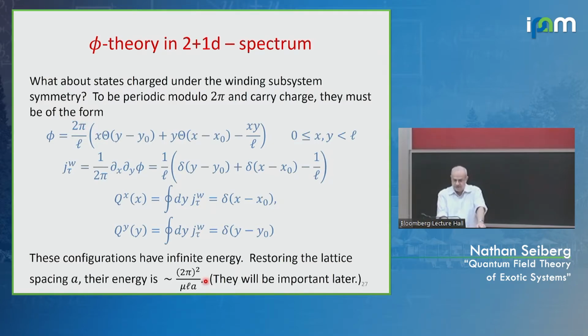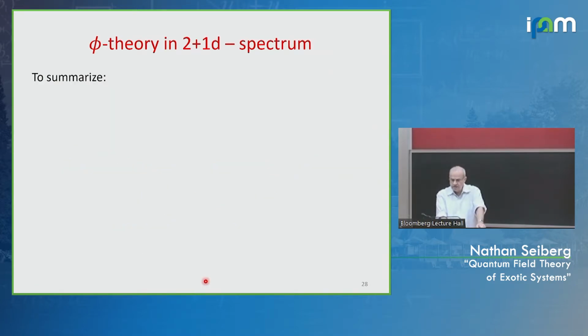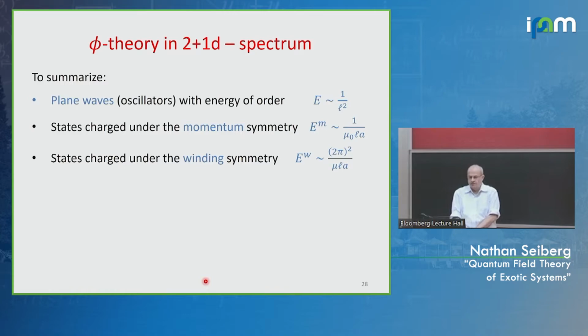So what I'm really saying is that when we just follow our nose and analyze this phi theory, we have plane waves with energy of order 1 over L squared. This is unlike the 1 over L. We have states charged under the momentum symmetry with energy first 1 over A, but there's also an A in the denominator, the lattice spacing, and the one state charged under the winding symmetry also has 1 over A and A in the denominator.